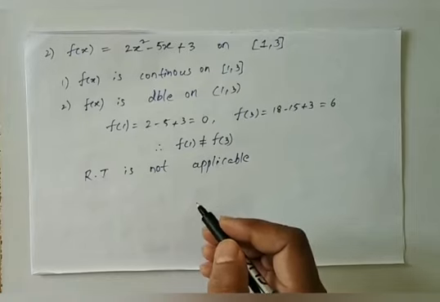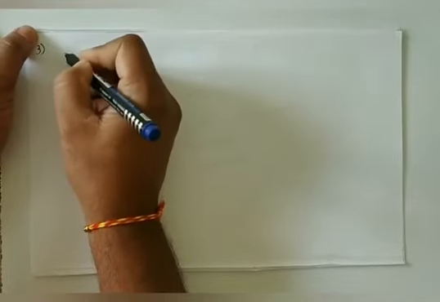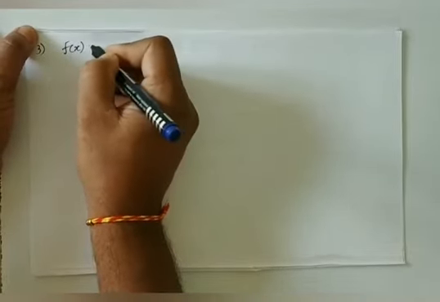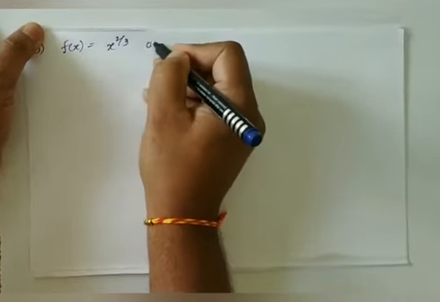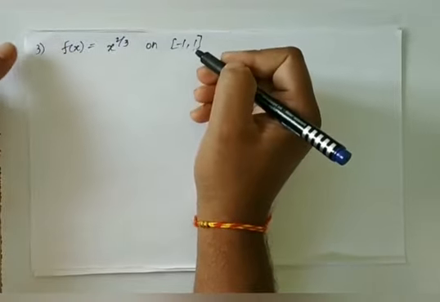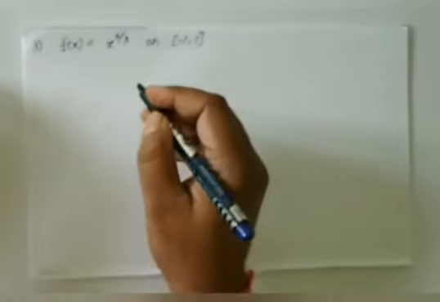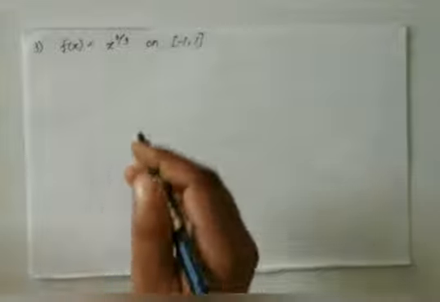Next, third problem. Third one: f of x is equal to x power 2 by 3 on closed interval minus 1 comma 1. Here also I am taking a polynomial function.